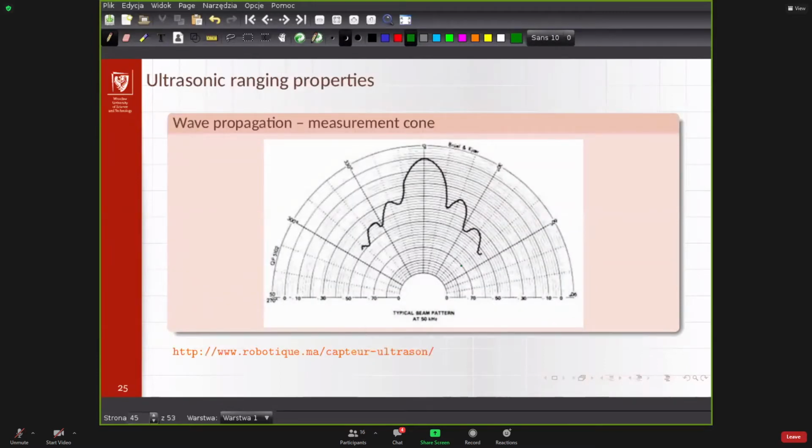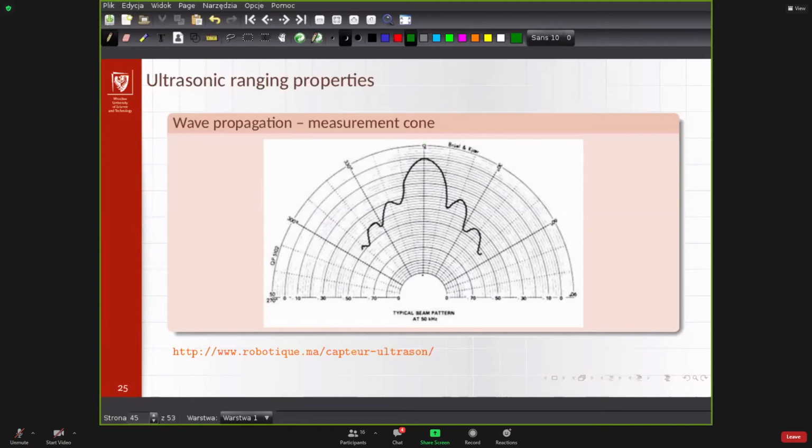What is important also to know is that the beam is transmitted not in a single direction, but with certain angles. And as you could see, this is the so-called measurement cone that represents the energy sent in different directions.